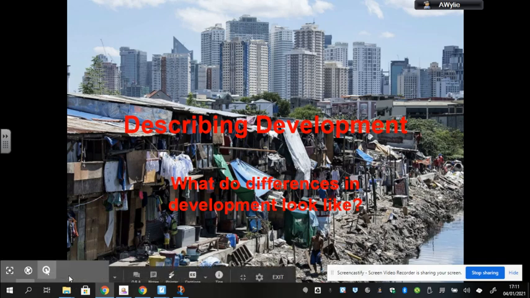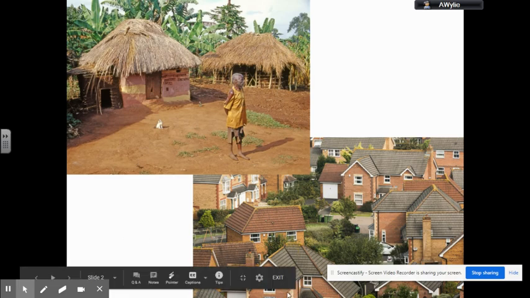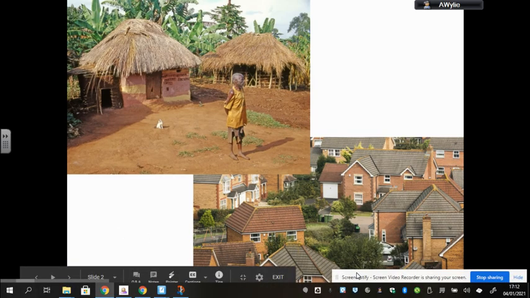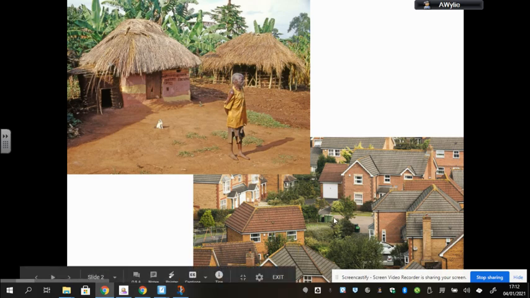Okay, so let's have a look at the first difference that we might see in the world. And here we can see a photograph of a sort of typical rural village in sub-Saharan Africa. And in the background, we can see the housing structures that these people will live in. In the foreground, you can see a typical housing area that you might find in the United Kingdom.